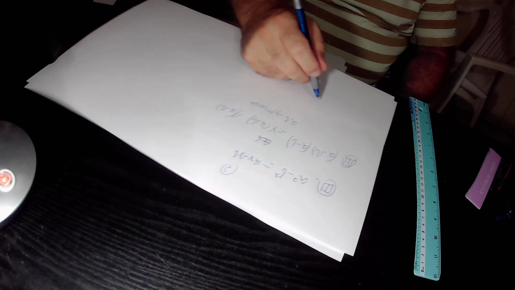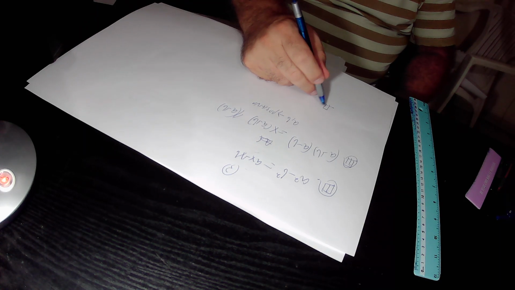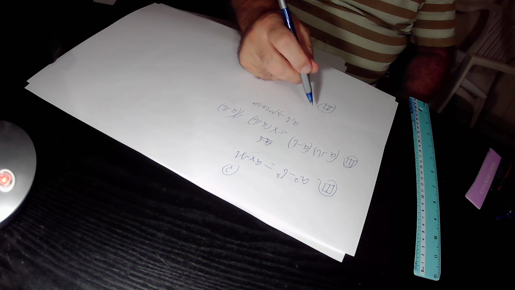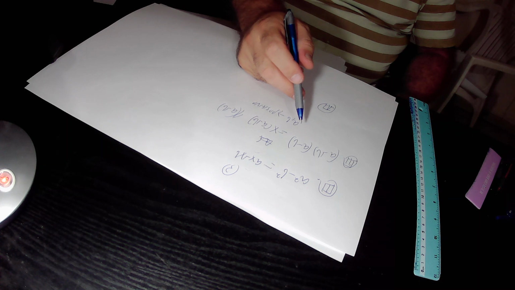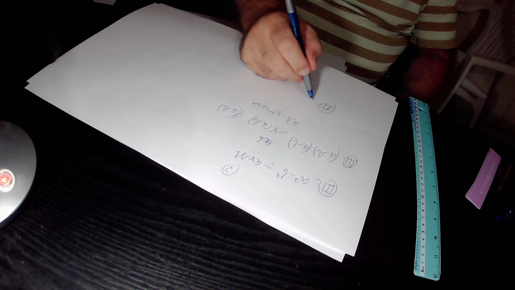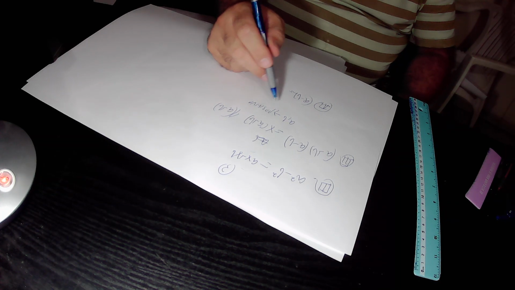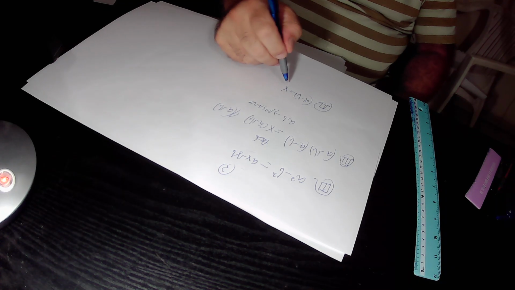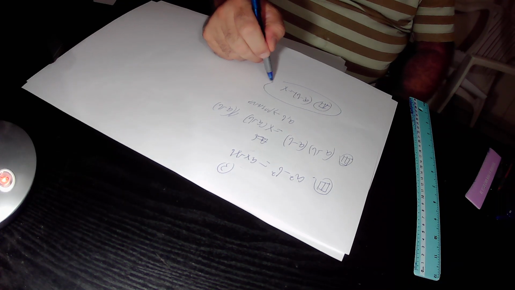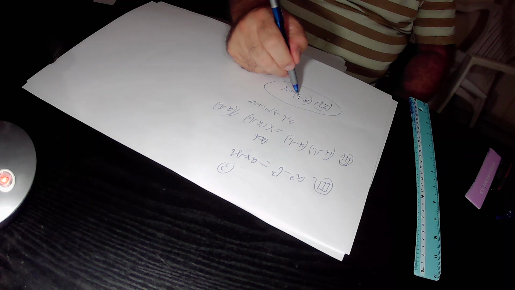And you get that according to equation 3, a minus b equals x. So in total, a minus b equals x.